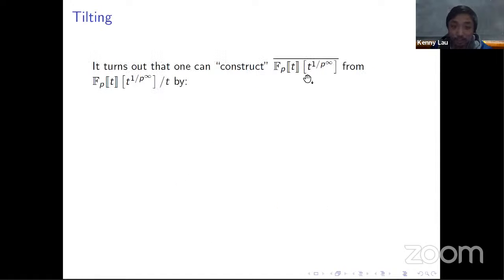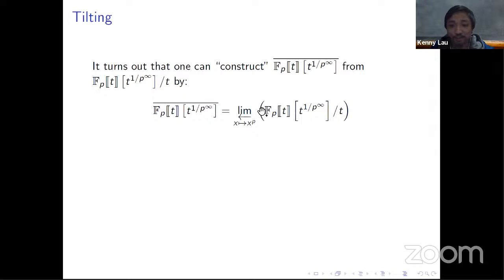And by this formula, we start from the mod T thing and we take the inverse limit over the P's power map. And somehow we get the middle ring, the thing whose field of fractions will be the long series thing, right? And this is called tilting.